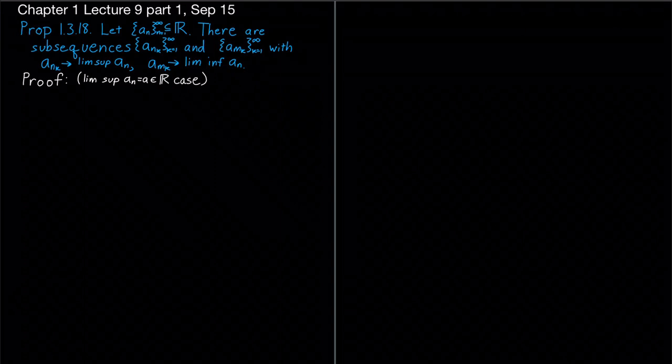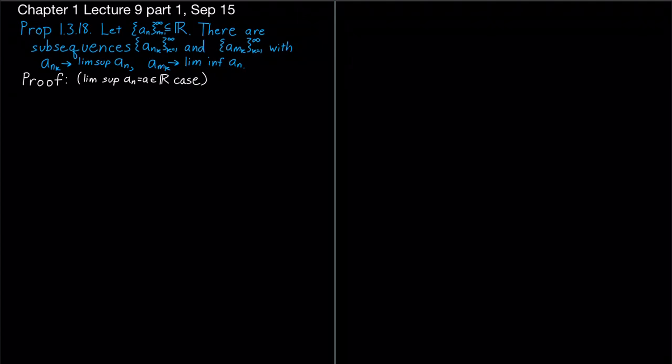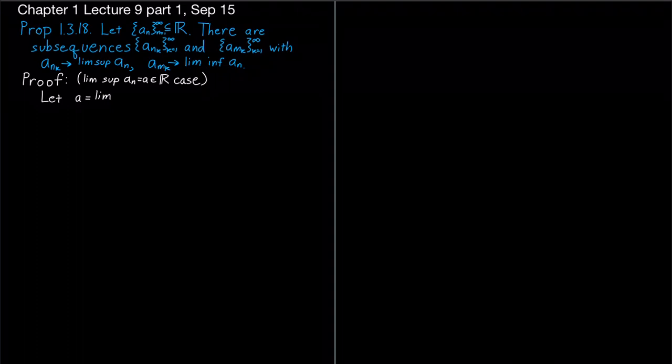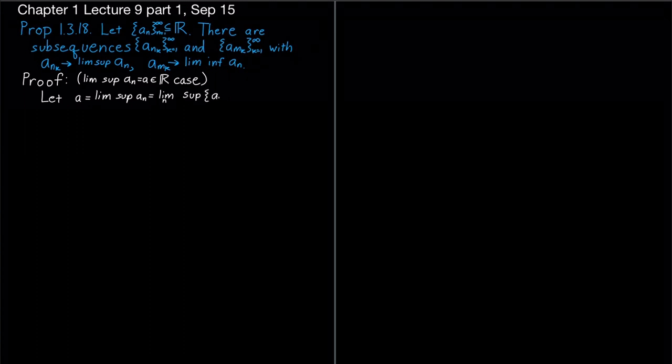So let's say a little bit about what our assumption means. So we're going to let A be the lim sup, the limit as n goes to infinity of the supremum of all the a_k such that k is greater than or equal to n.